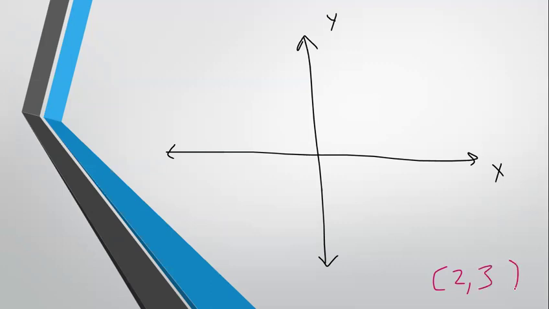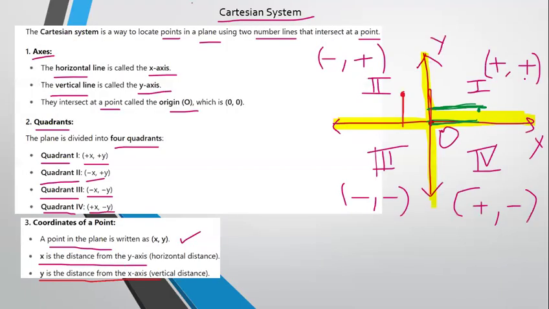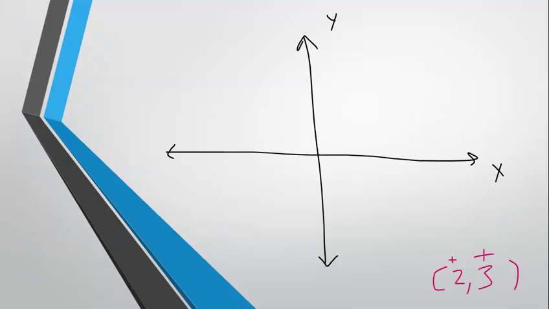The sign of 2 is positive and the sign of 3 is also positive. If the signs of both x and y are positive, then it will lie in the first quadrant. So we can plot this point here.